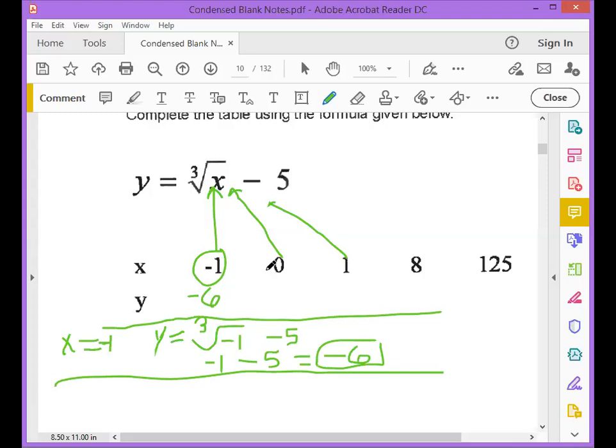When x equals 0, we get y equals the cubed root of 0, remember x is 0, minus 5. And the cubed root of 0 is just 0. So 0 minus 5 gives us -5. So when x is 0, y is -5.